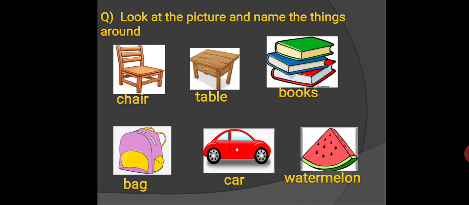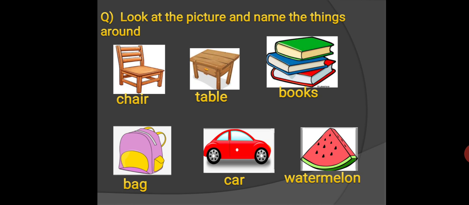That's important. Now in the next upcoming slide, let's see what is there. There is a surprise for you. I hope the concept has been cleared. Noun is a naming word, and these naming words are categorized into 4 parts: name of a person, name of a place, name of an animal, and name of a thing.